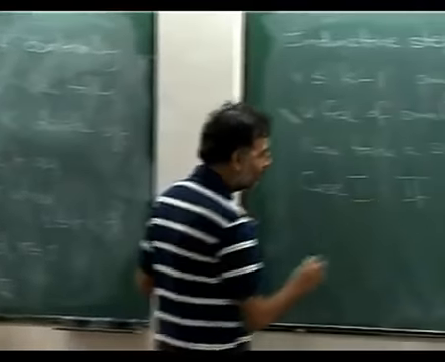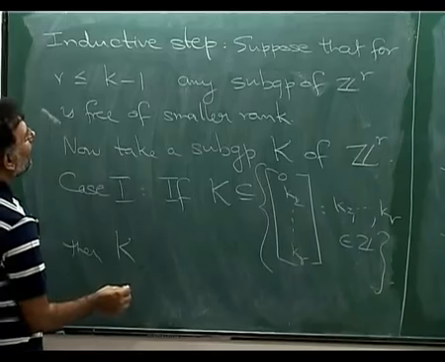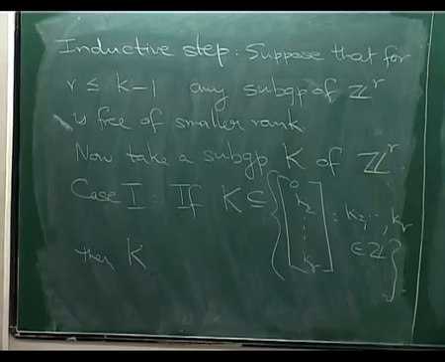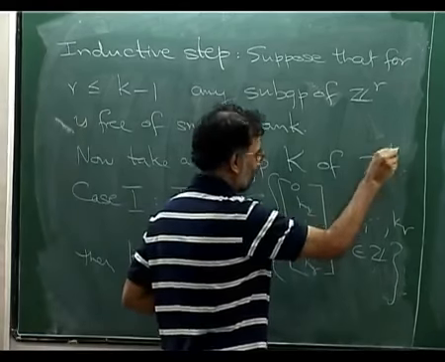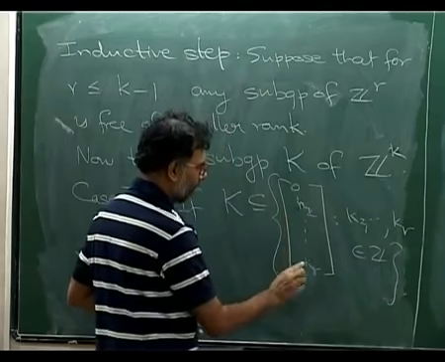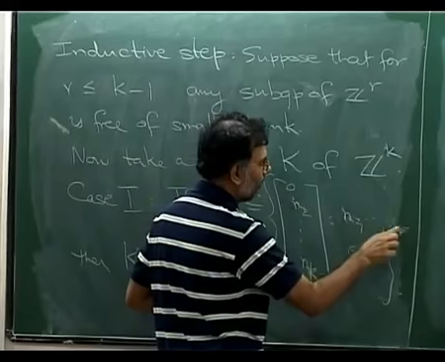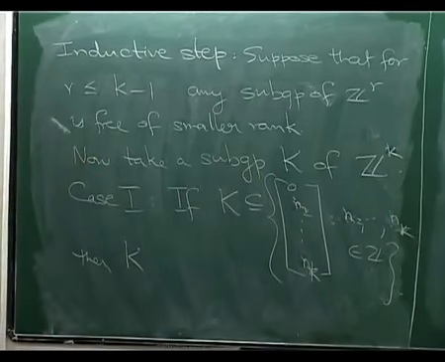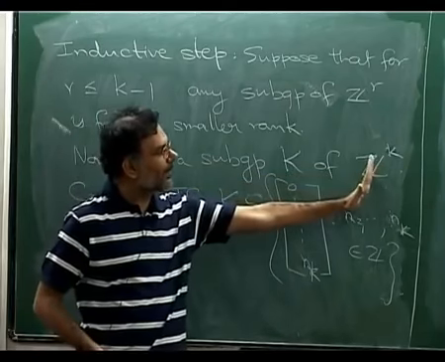If K is contained in this, then, no, sorry, I didn't quite say it right. Suppose that for R less than or equal to K minus 1, so now I start with Z^K, sorry. I've fumbled with the notation. Okay. Now take a subgroup K of Z^K, we have proved it for up to K minus 1.